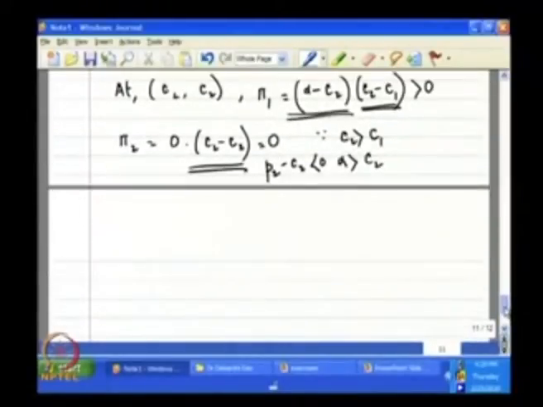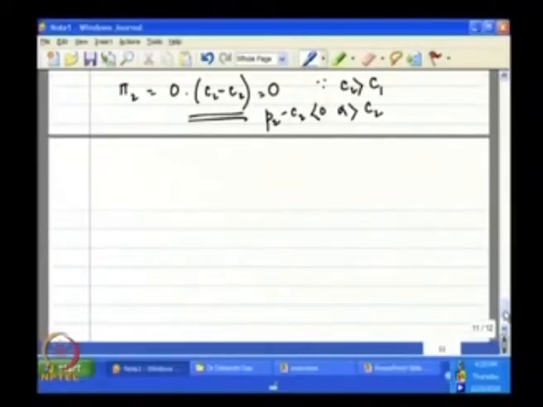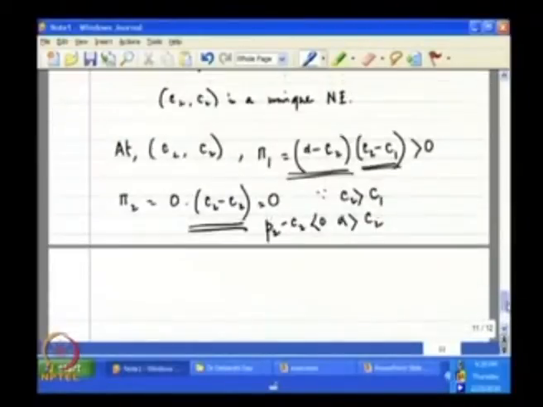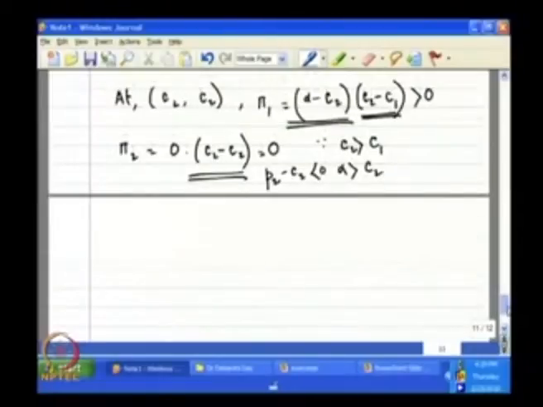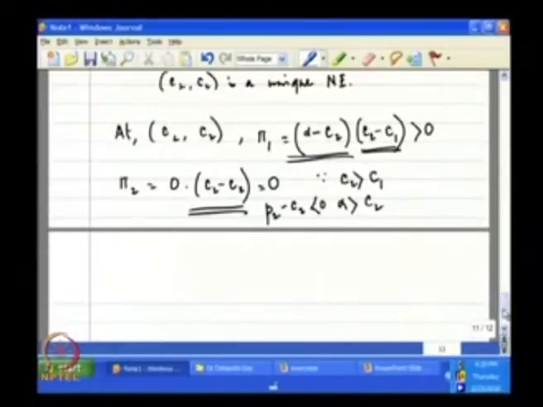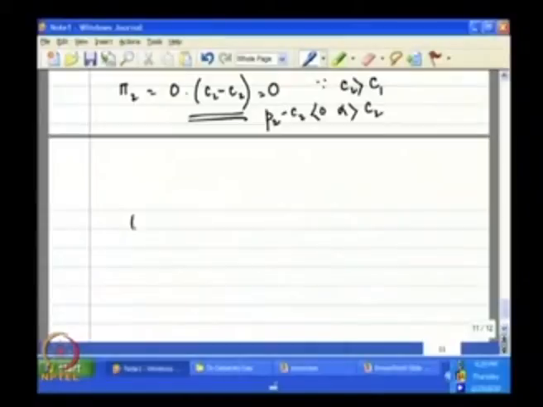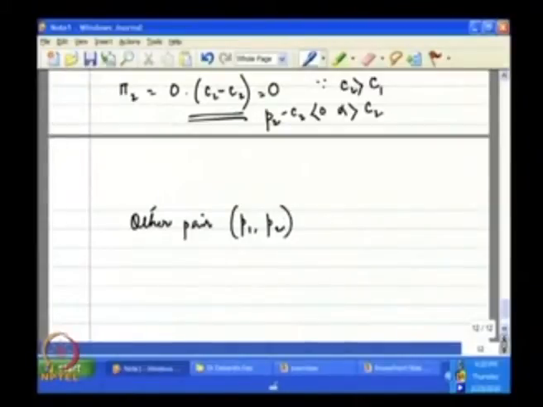The question is: is there any other pair which could be a Nash equilibrium? Let us call that other pair P1, P2. Now, there will be many cases of this other pair. Suppose P1 is greater than P2, greater than, suppose, C2.